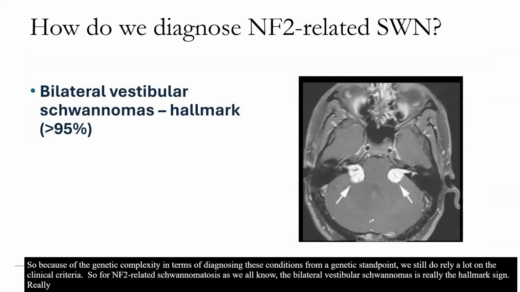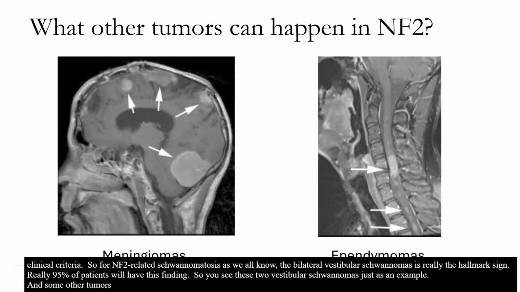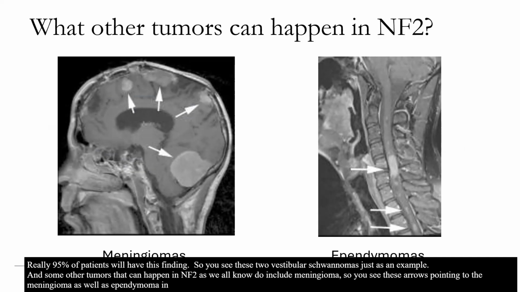You see these two vestibular schwannomas here, just as an example. Other tumors that can happen in NF2 include meningiomas. You see these arrows pointing to some meningiomas here, as well as ependymomas in the spine, with the arrows pointing those out.